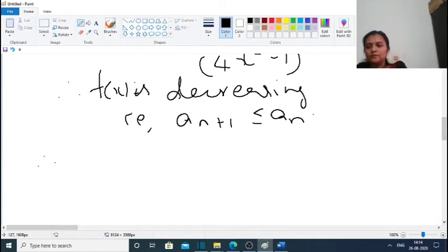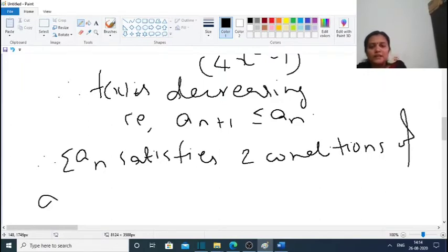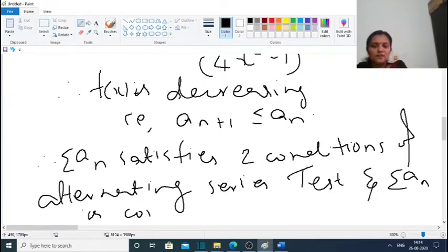Therefore sigma an satisfies the two conditions of the alternating series test, and sigma an is convergent.